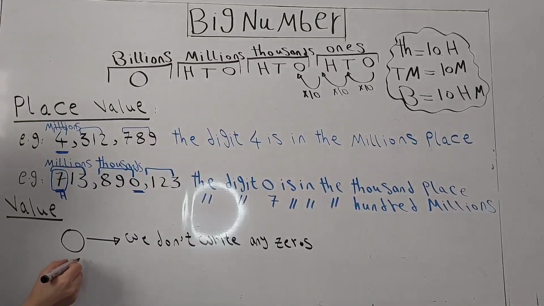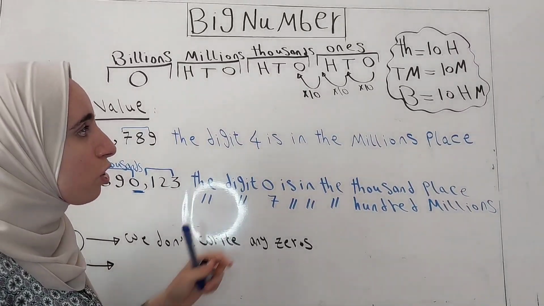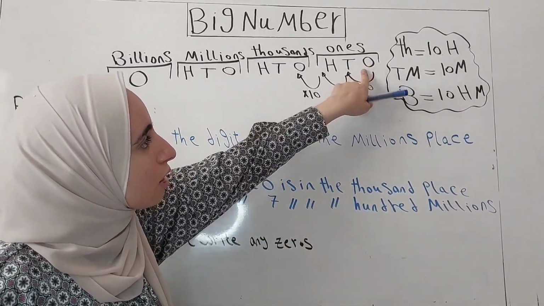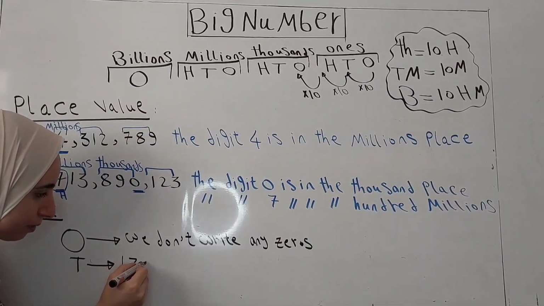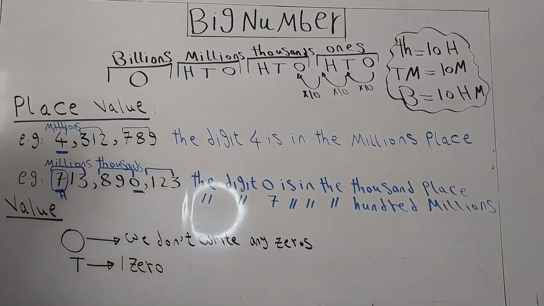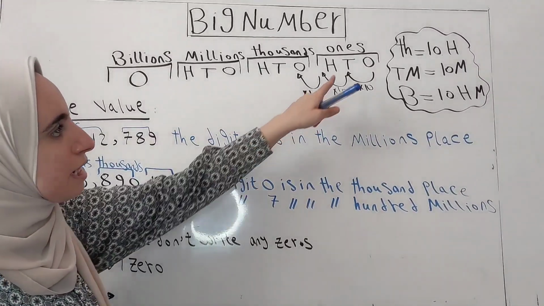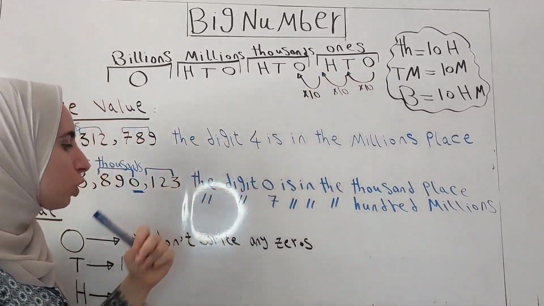If the digit is in the tens place, we replace the last place with 0. And if the digit is in the hundred place, we replace the tens place and the ones place with 2 zeros.